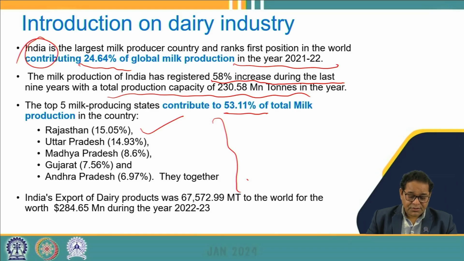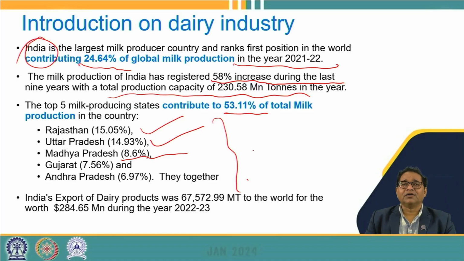Uttar Pradesh also produces 40.93% of the total milk produced in the country. And the third place is MP, followed by Gujarat and Andhra Pradesh. So these are the quantitative data that entail the production pattern, the contribution of different states in the total milk production.